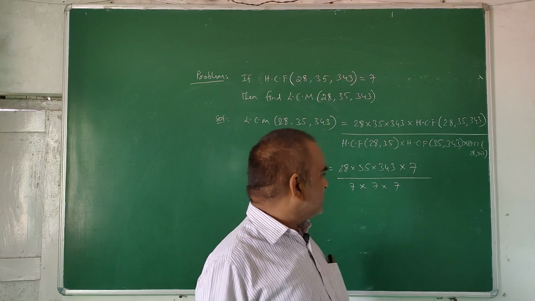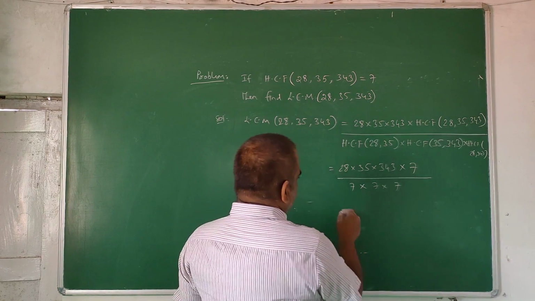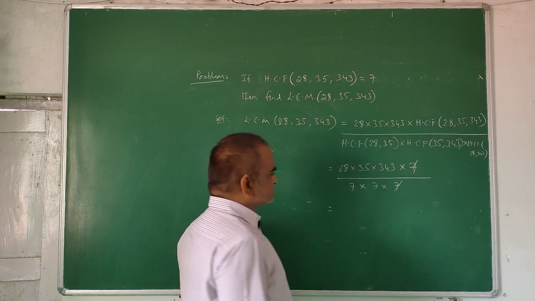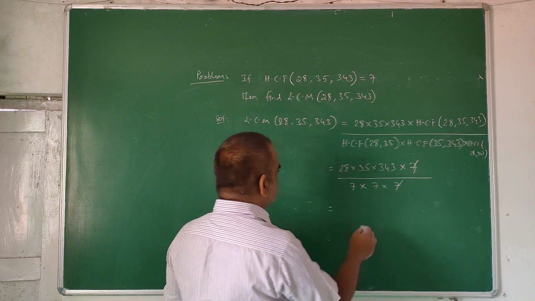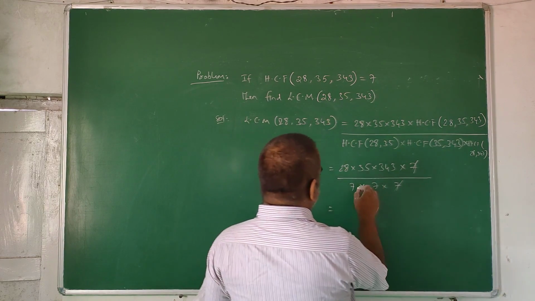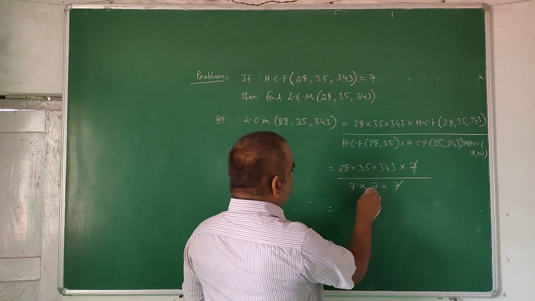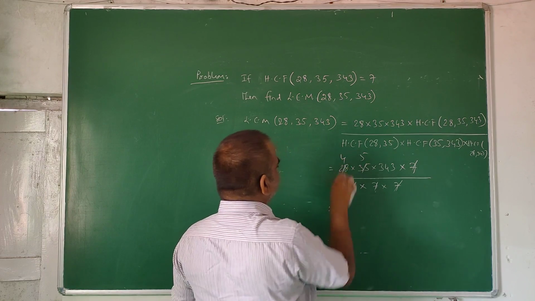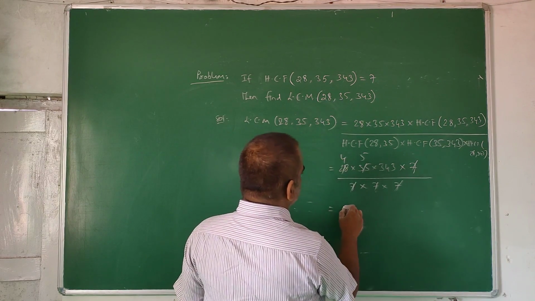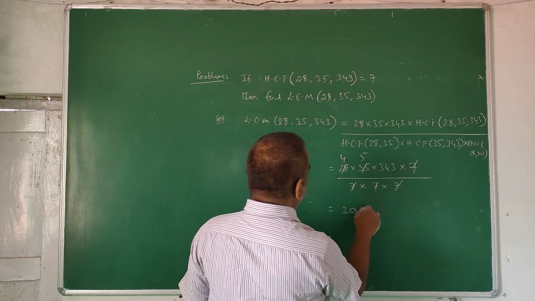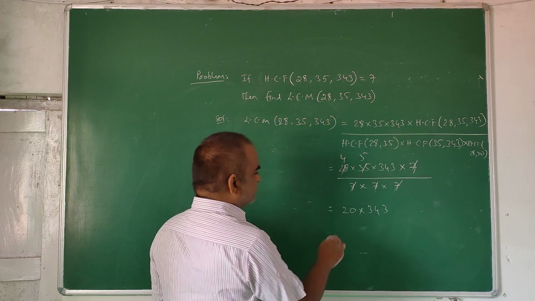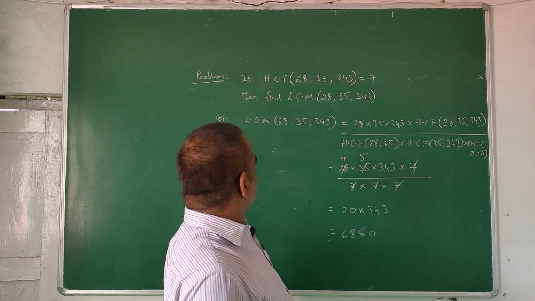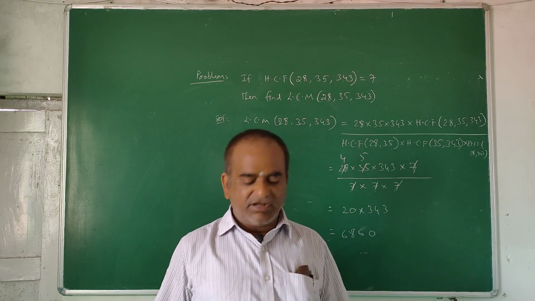Now this 7 and 7 get cancelled, right? Here you cancel again, 7 fives are 35. Here cancel, 7 fours are 28. So what is left over? 4 into 5, 20, into 343. So 6860 would be their LCM. Understood? Right, thank you.